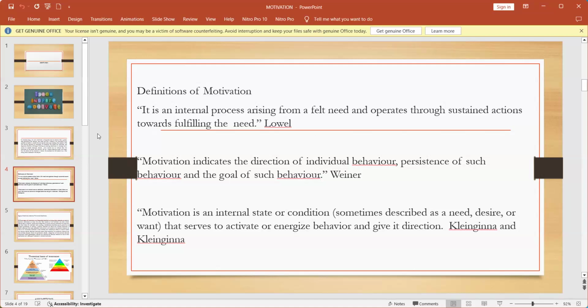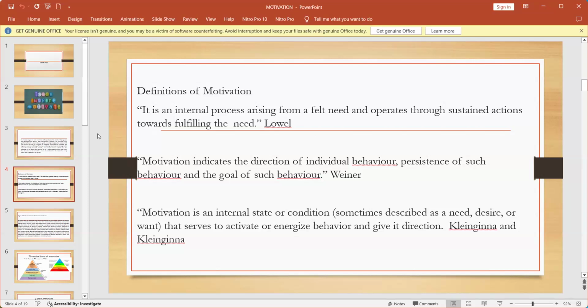Weiner. Motivation is an internal state or condition, sometimes described as a need, desire, or want that serves to activate or energize behavior and give it direction. Kleinginna and Kleinginna. Yeah, they are the actual theorists.